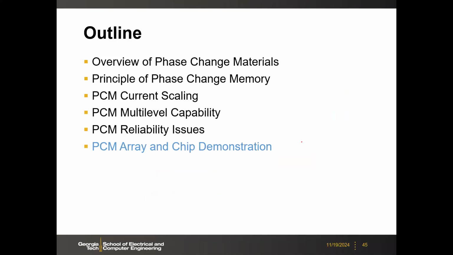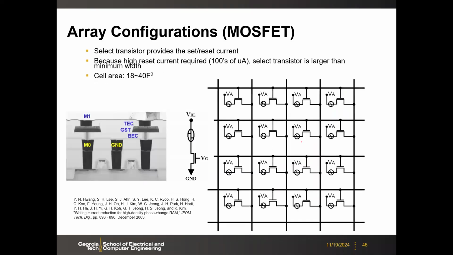Okay, so then the last part, array level integration. So here the phase change memory, if you want to integrate into the array, first option is 1T1R, right? You need the transistor. You can have the MOSFET 1T1R, but as mentioned earlier, you need high reset current, typically hundreds of microamps.